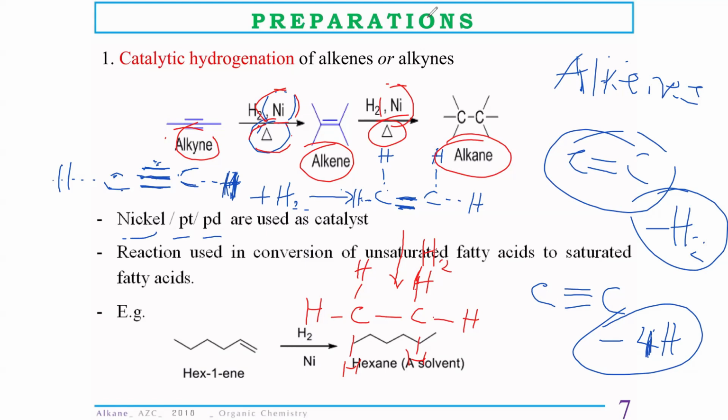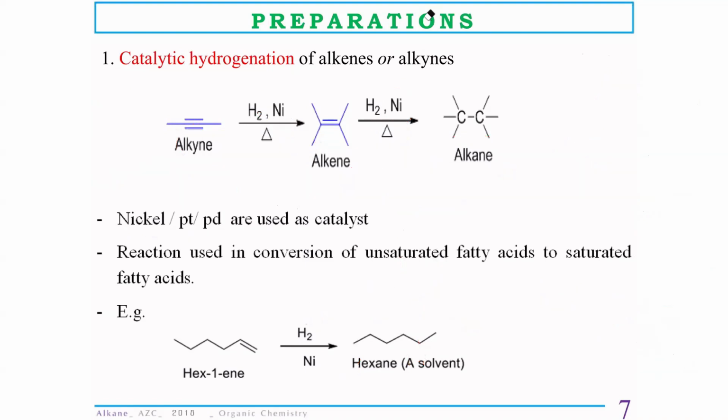It means that first, if you want to get it, you need to have your container. Let's say this is the container, and in it you first add an alkene or alkyne.